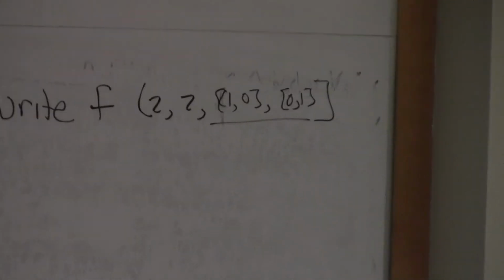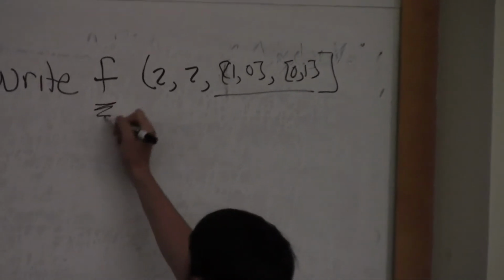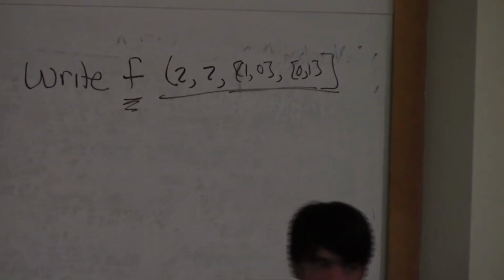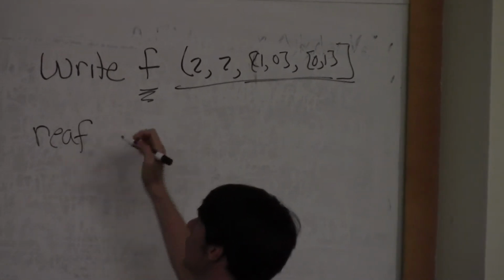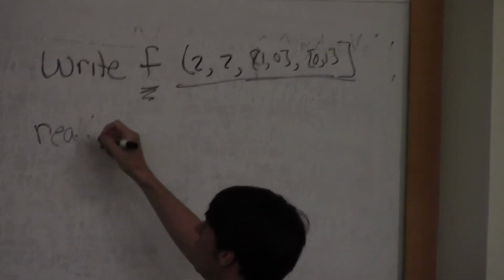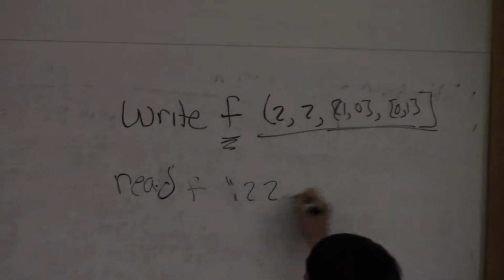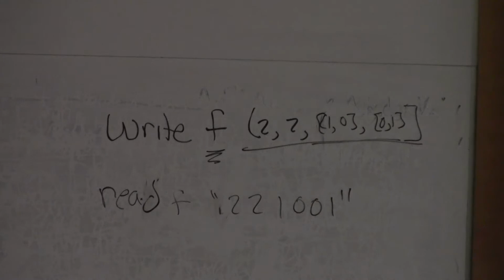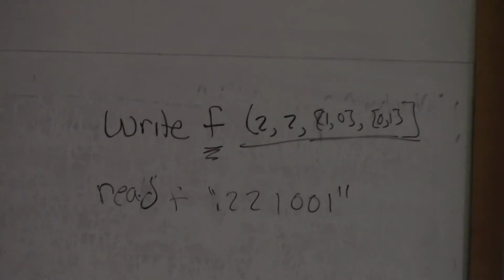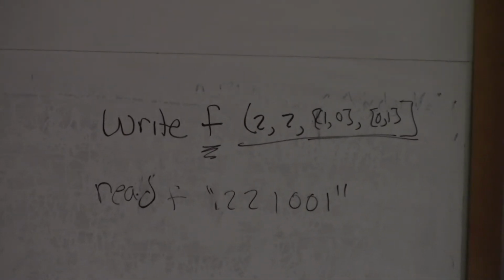I can write that vector out to a file by saying, with this file format f, write this value. And then I'll also have an operation called read. We'll, of course, get to the types of these in a second, where read f of the string 221001 would then return that datum. OK? Does that make sense? Good?